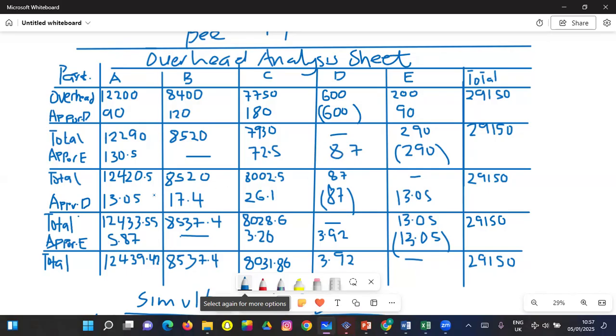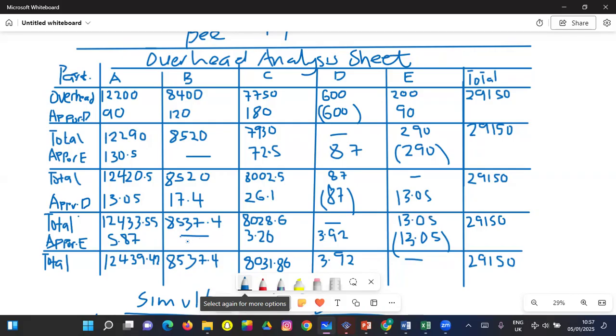So we are going to do the same thing. And then after that one also, we have a figure for service department E, so we have to reapportion everything again. And then I ended here at 3.92. I see this one to be insignificant, but you can continue until you get 0 point something. All right.